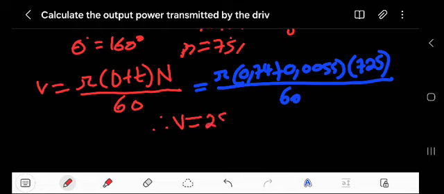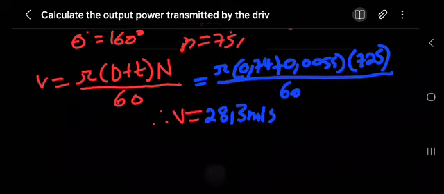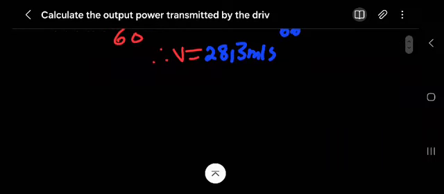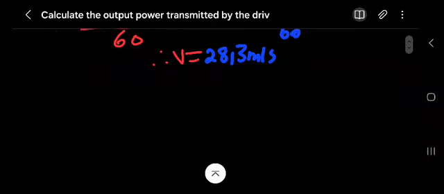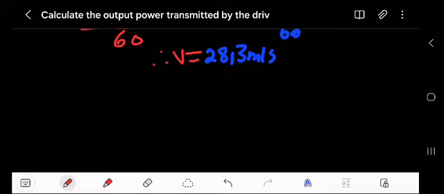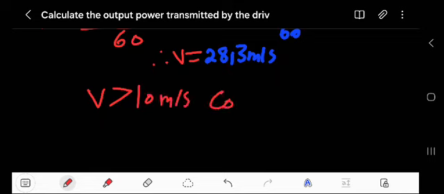is 28.3 meters per second. So we have the velocity. Now check that velocity. If you know my introduction, I said if our velocity is greater than 10 meters per second, we must always consider TC, the centrifugal force.